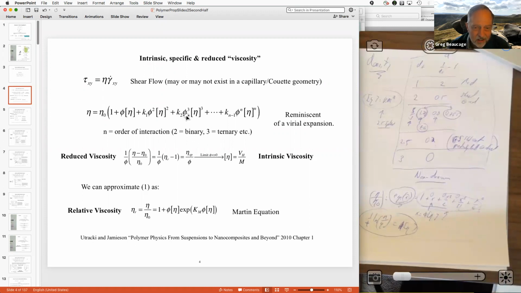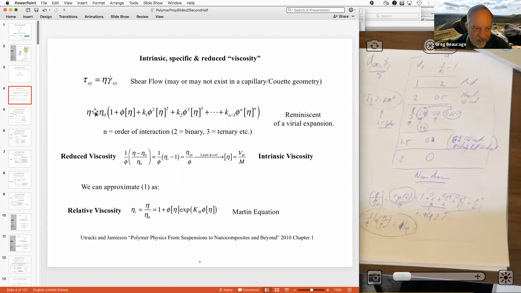This is just like a Taylor series expansion, like a virial expansion, where we expanded the osmotic pressure as a function of concentration. The first virial coefficient is related to molecular weight. And this is the second virial, which is 1/2 minus chi. This is the third virial, which is that C that we use for the collapse, right?